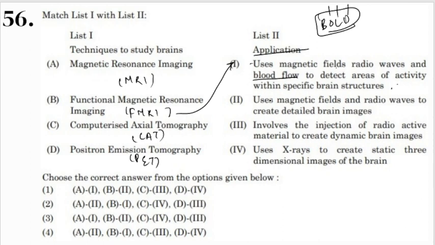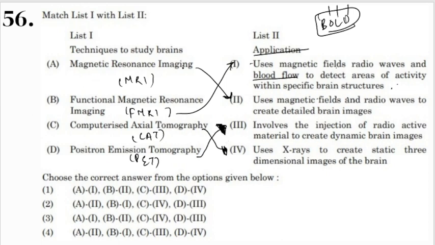Okay, then, uses magnetic field and radio waves to create, yes, MRI is going to create that. Then CAT scan uses X-rays to create a 3D model of the brain, and PET scan would actually include injecting the radioactive tracer in order to see which brain areas are responsible while doing a particular function.